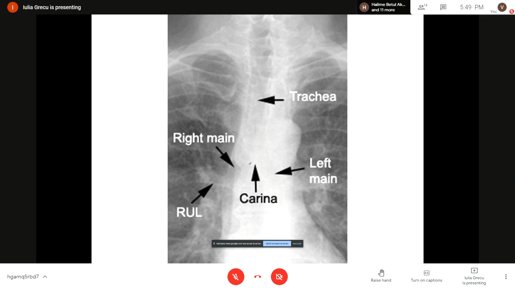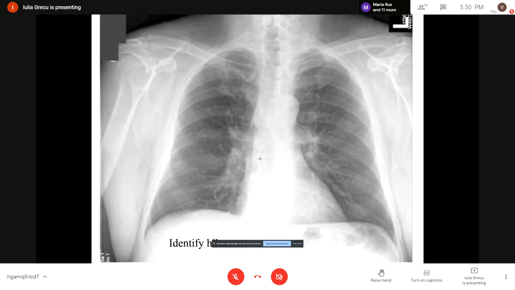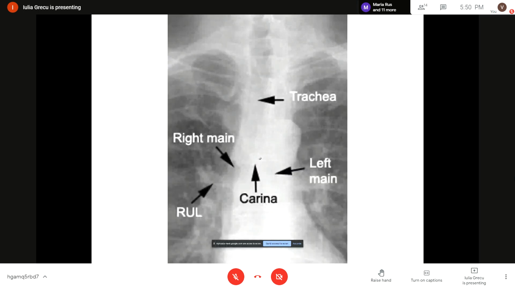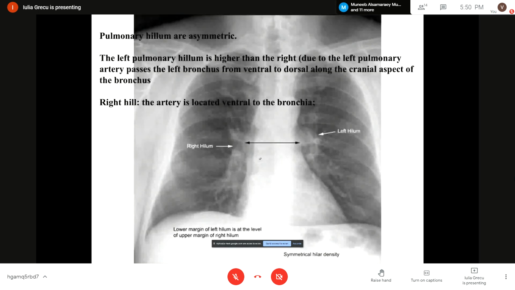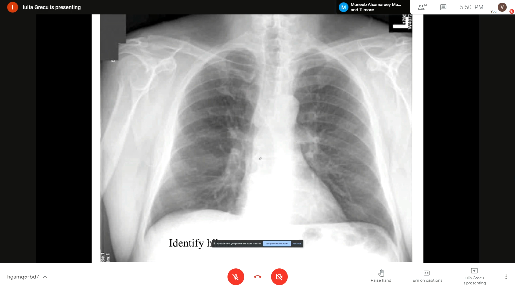This bifurcation or division is called the carina, and it is situated, as I said, at the level of the fourth thoracic vertebra. Okay. What I would like to add to this is that these bands, discretely more lucent than the rest of the mediastinum, are the trachea and main bronchi.